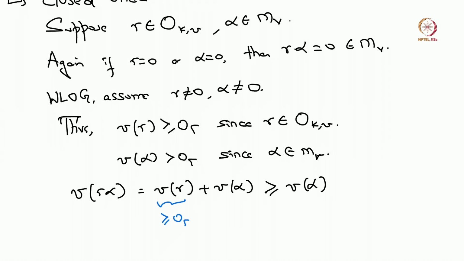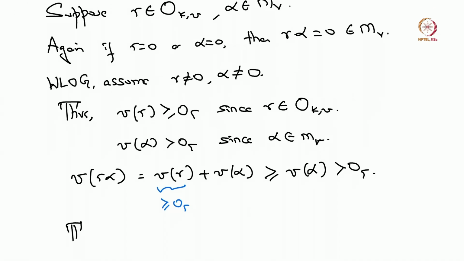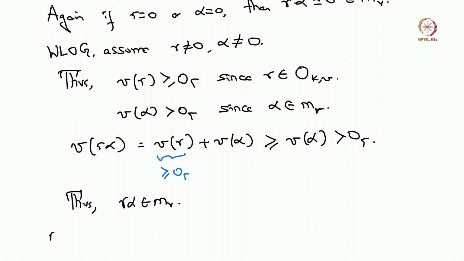And since alpha is in M_v, this is strictly larger than the identity element of gamma. And so thus, since the valuation of r alpha is strictly larger than the identity element of gamma, we have r alpha belongs to M_v. And so M_v is closed under scalar multiplication.